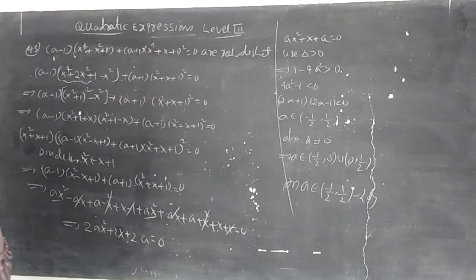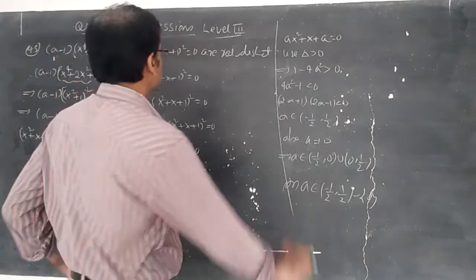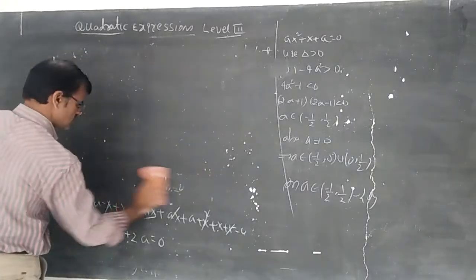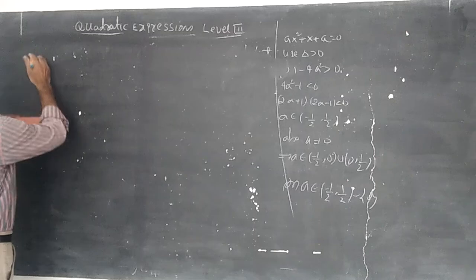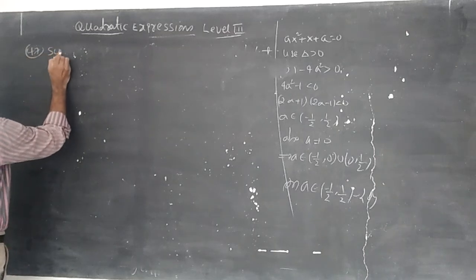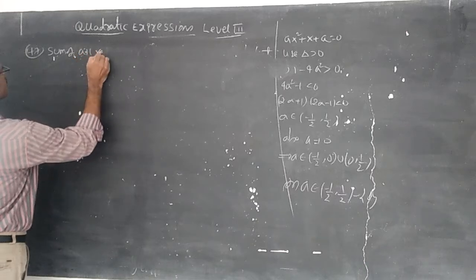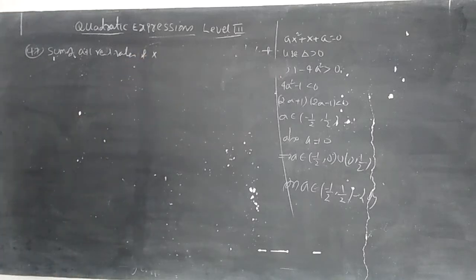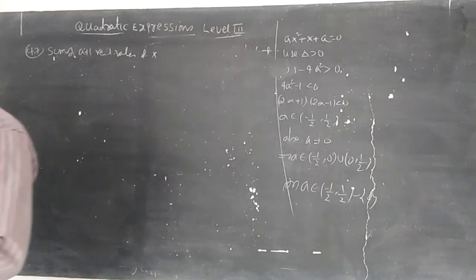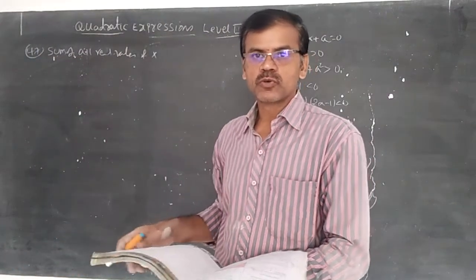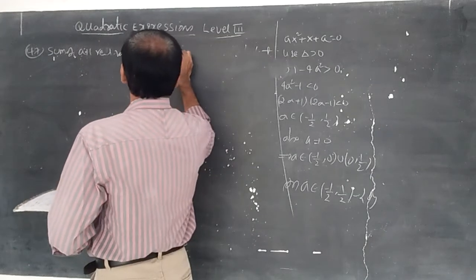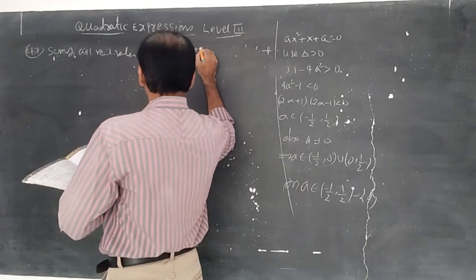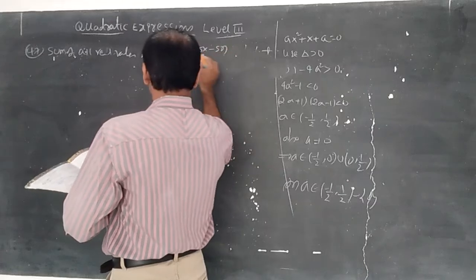47th: the sum of all real values of x satisfying the equation (2 power x minus 1) whole power (x square plus 5x minus 50) is equal to 1.